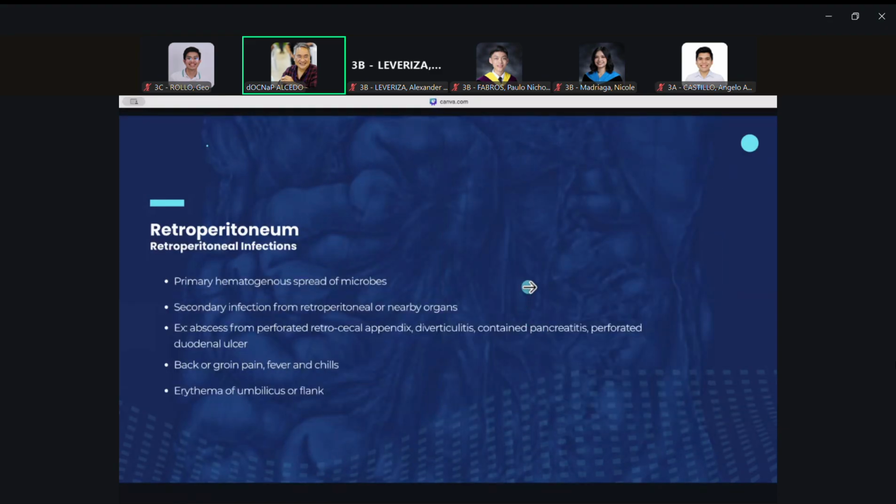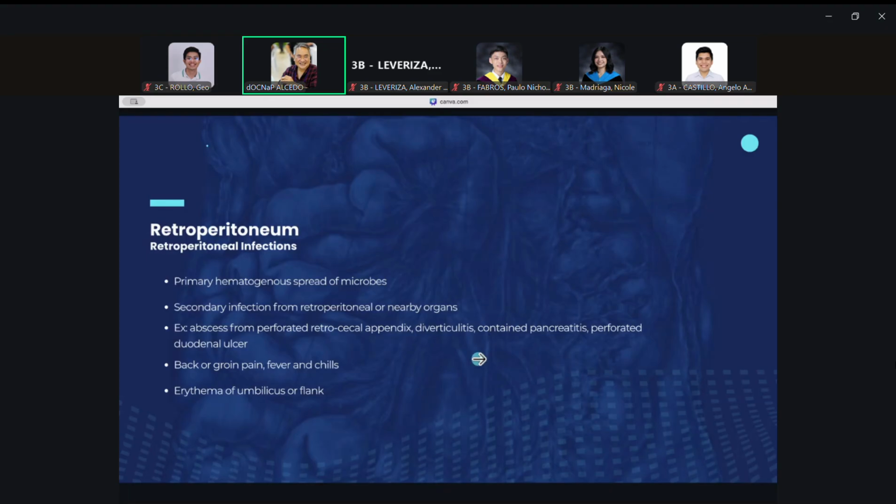And what is more important is that your retroperitoneal area is very prone to infection because most of the time this is a result of hematogenous spread of infection. Huh? So it can result from infection from nearby organs that have access to the retroperitoneal area.